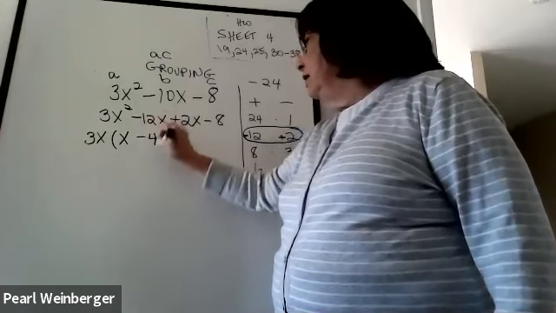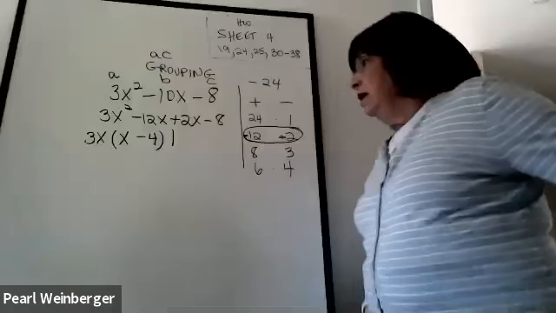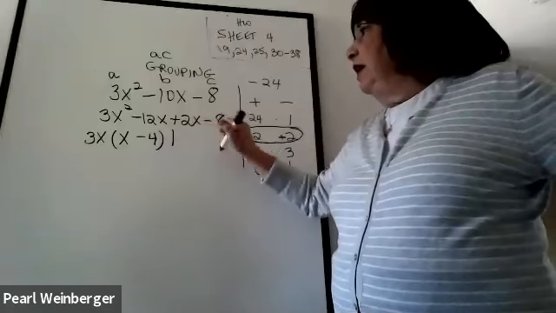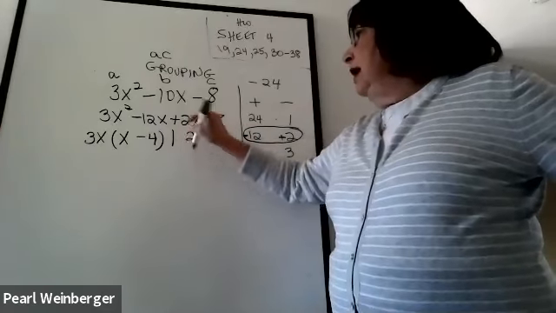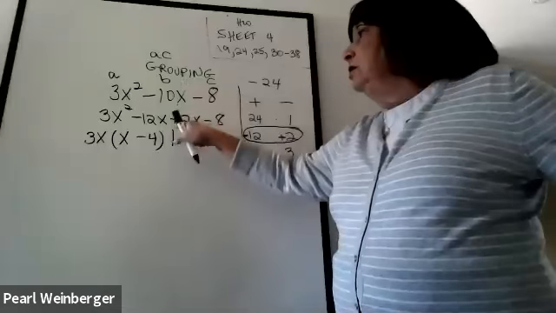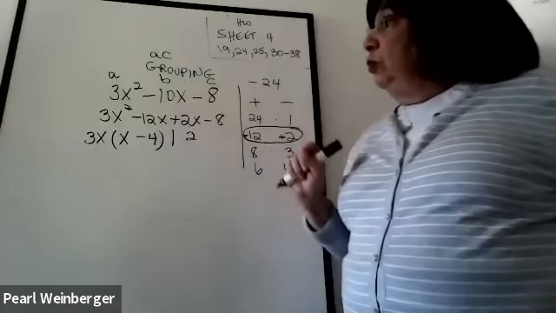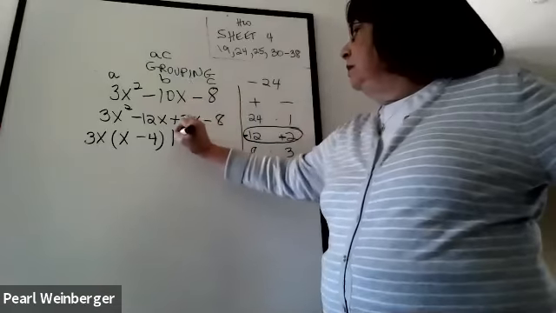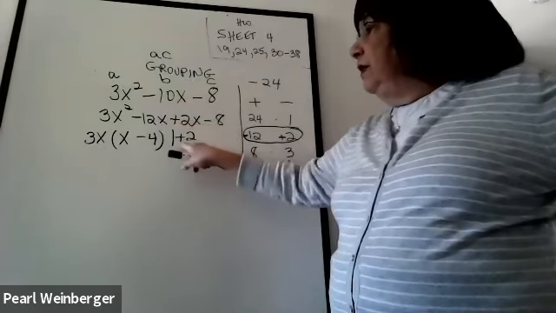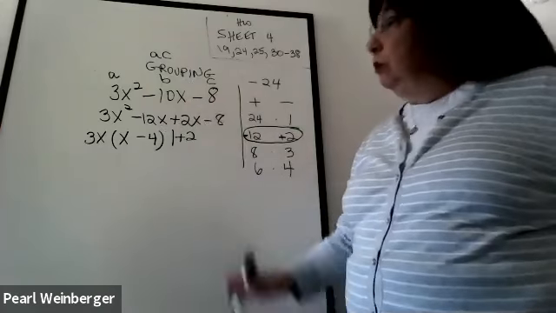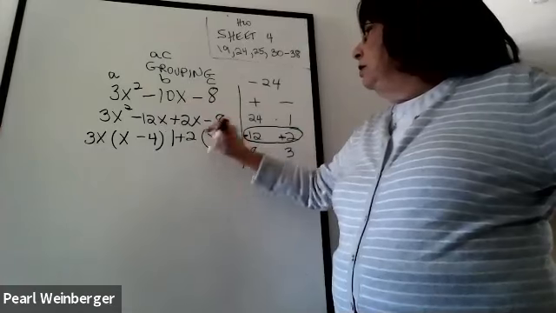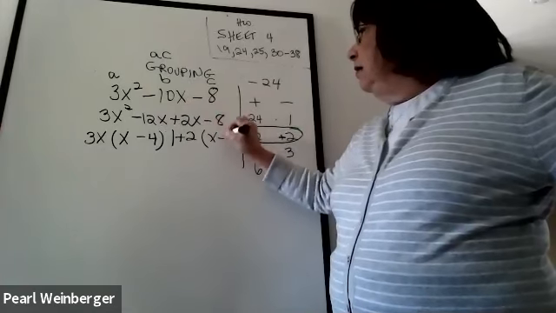Then I go to my second group, 2x minus 8. There's a common factor of 2. And since it starts with a plus, the leading coefficient of that second group is positive. This is a +2. Whatever sign you have here in the middle, that's what goes with this second group. So +2 into 2x is x, 2 into -8 is -4.